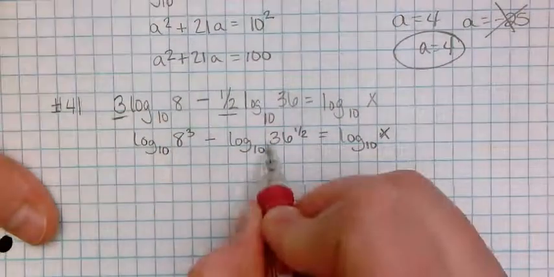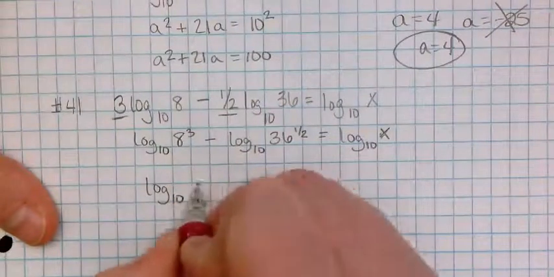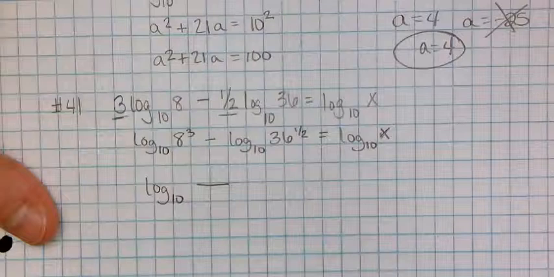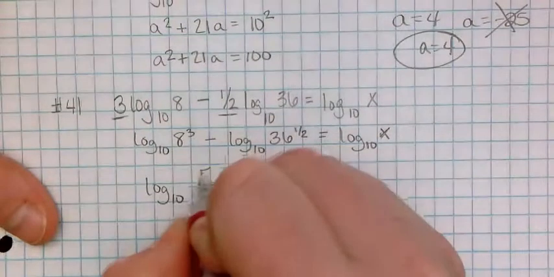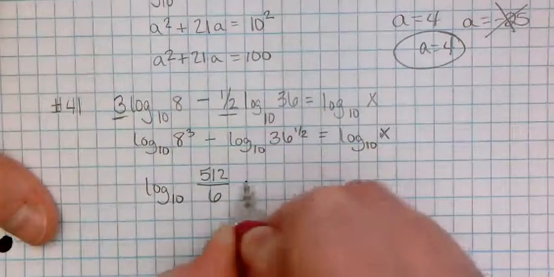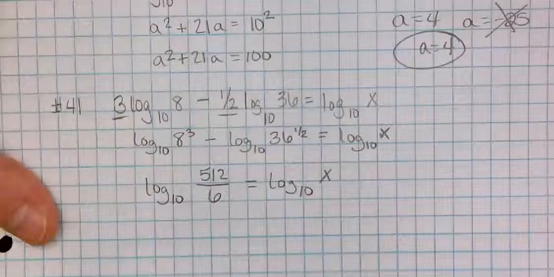At the same time as moving this to a quotient, I'm going to simplify. 8 cubed is 512, and 36 to the 1/2 is 6, equals log base 10 of x.